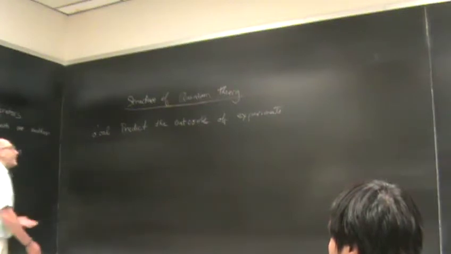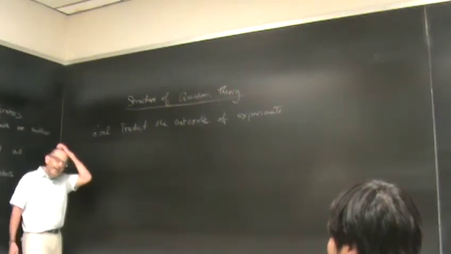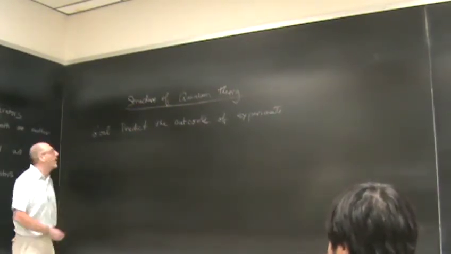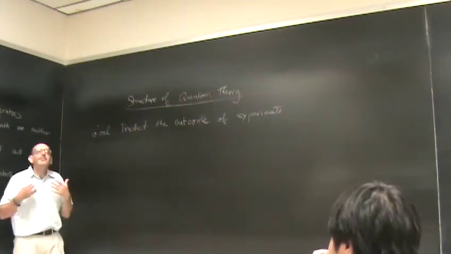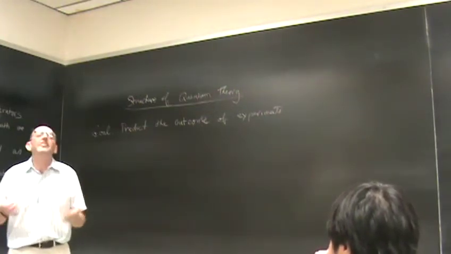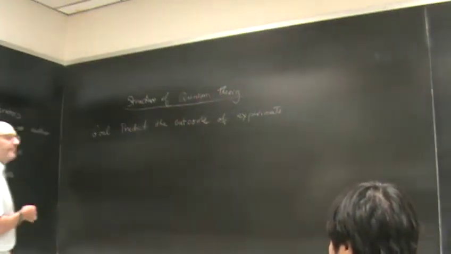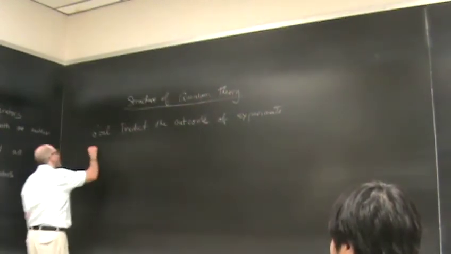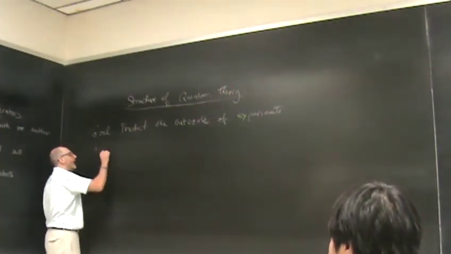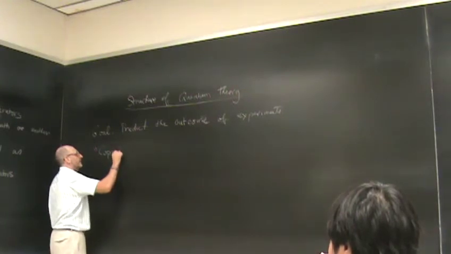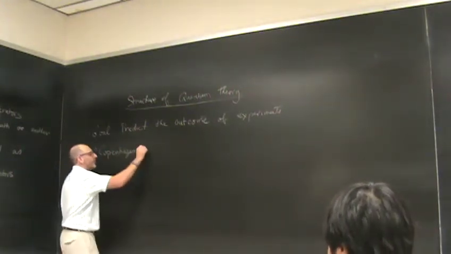So, the structure that we're going to use was really at some level laid down at the beginning. So there's the so-called Copenhagen interpretation.